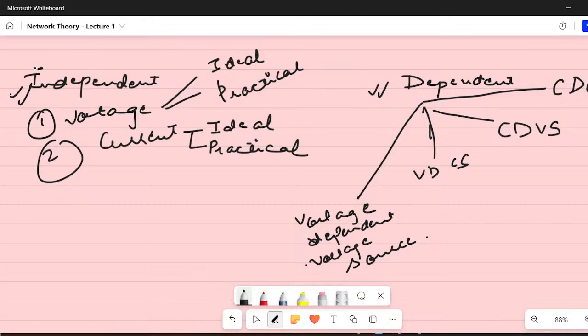So now tell me, what is an independent voltage source? An independent voltage source would deliver energy to a network on its own, while a dependent voltage source would deliver energy by taking it from some other part of the network. See, I am drawing a hypothetical circuit.